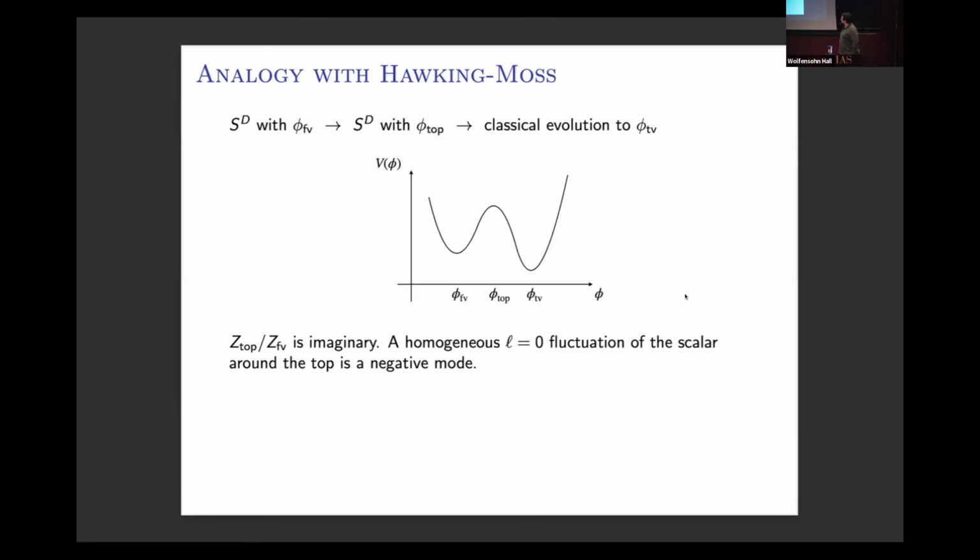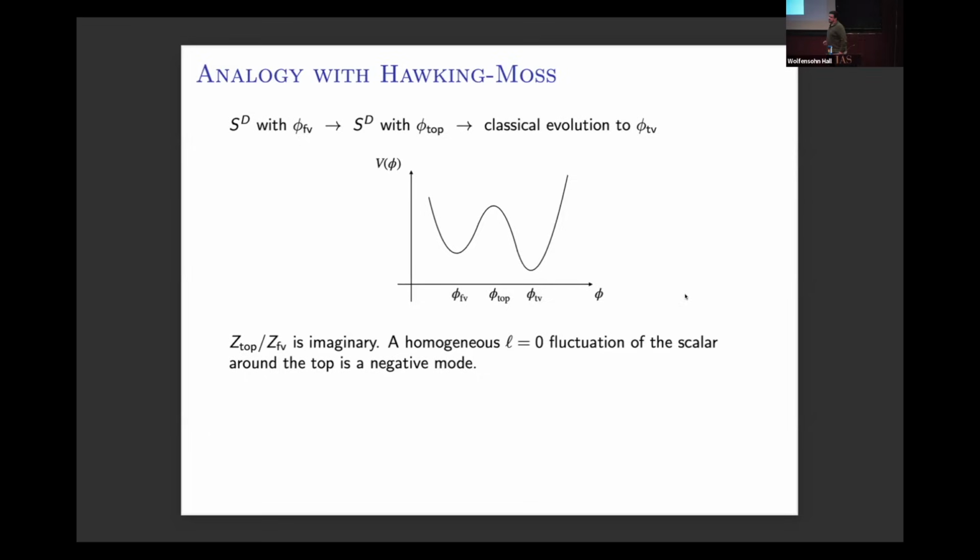And the instanton consists of a solution where you have, again, de Sitter, but where the scalar field jumps to the top everywhere. Classically, if the scalar field jumps here, it will stay there forever, but quantum fluctuations will move it a little bit, and then there will be a classical rolling down towards the true vacuum.